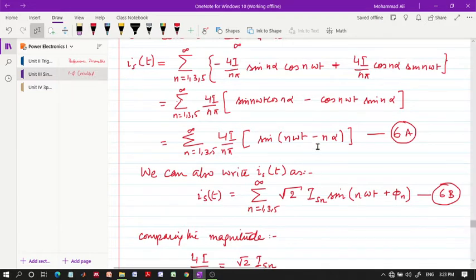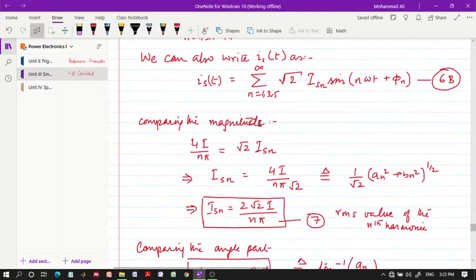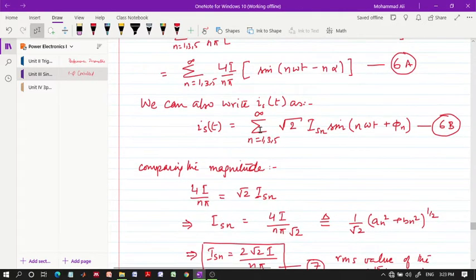So if we compare these two equations, if we compare the magnitude only, we can write it like this. So ISN, the RMS value of the nth harmonic of the supply current, can be given as this.